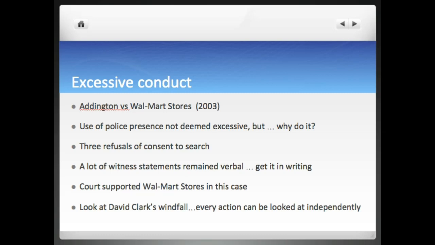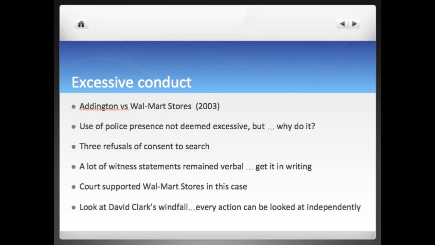The investigators from Walmart knew that there were people in their maintenance department stealing maintenance items and store items, and they got a number of them to agree to search their homes, and one of them refused, and the Walmart people stayed at the person's home and basically harassed them into finally, after three times saying no, saying yes.